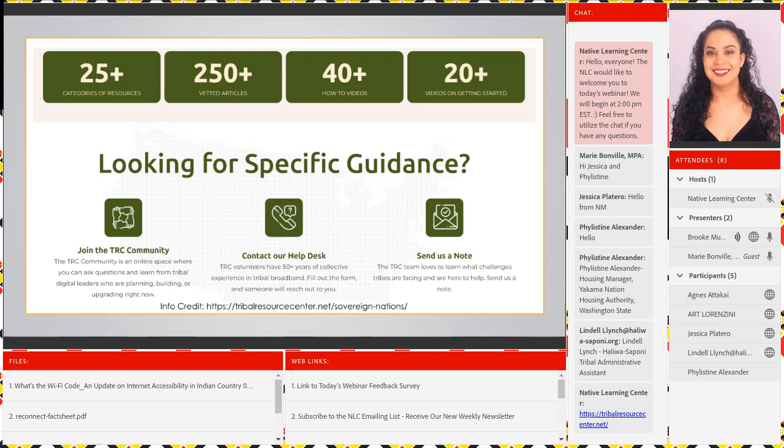Yeah, so we also have a help desk. So if you need any specific information, you can reach out via the help desk and we can connect you with a broadband professional and they'll be able to work with you through the problems you have. We also have a TRC community, which is a platform where reservations or tribal communities can connect with each other and share the information they have, share the processes they're going through, and even celebrate some of the wins that they have.